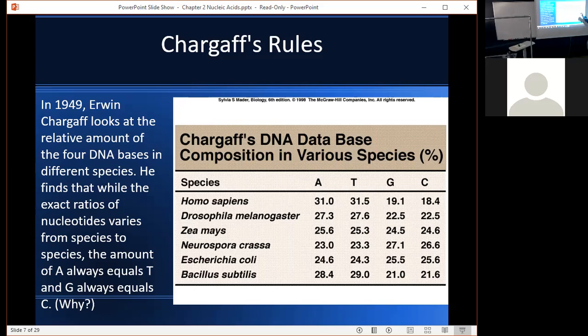So we're looking at some different species: Homo sapiens, humans, of course; Drosophila melanogaster, these are fruit flies; Zea mays, corn; Neurospora crassa, this is a fungus; Escherichia coli, E. coli, of course, is a bacterium; Bacillus subtilis is a bacterium as well.